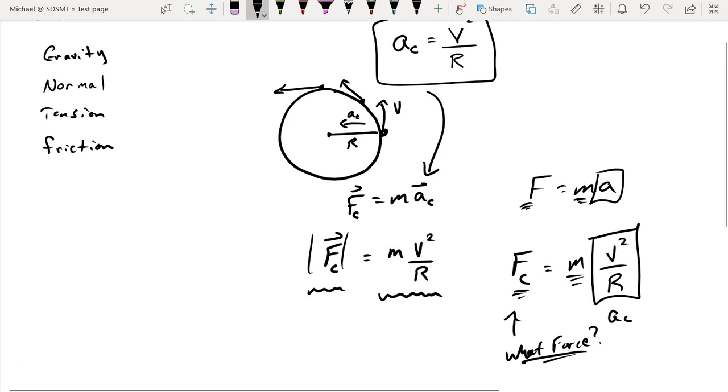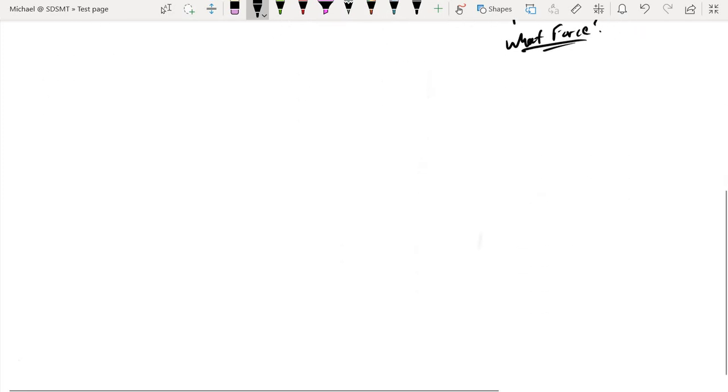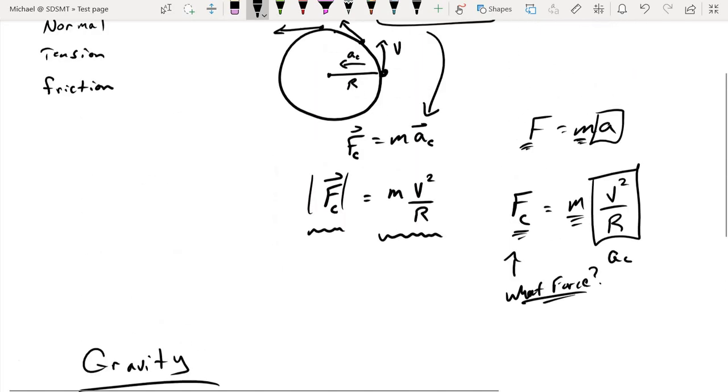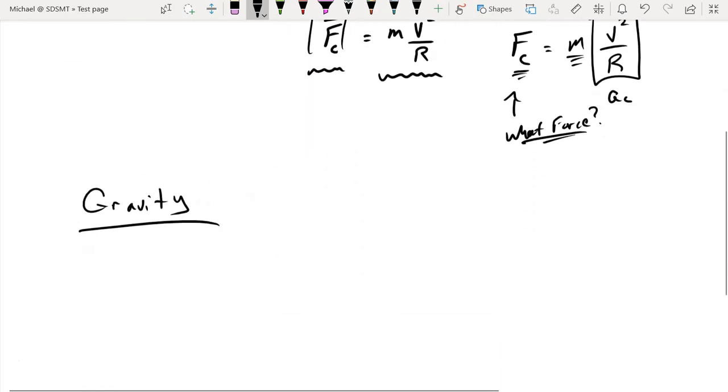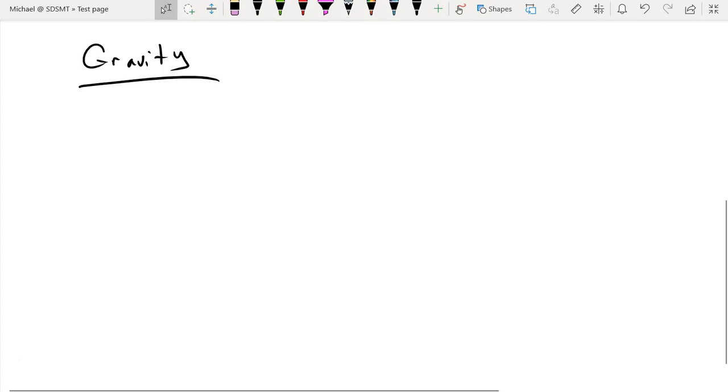So we need to go back and look at systems where we have an object that's moving in a circle and ask ourselves what force is causing that object to move in a circle. We're just going to go down the list of our candidate forces to see which, if any, could cause centripetal motion.